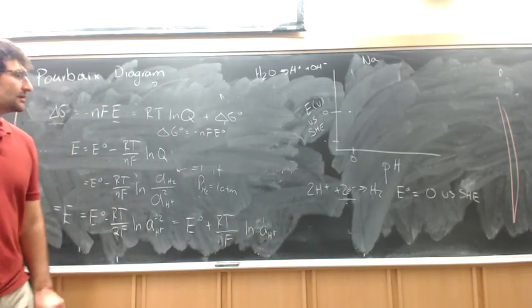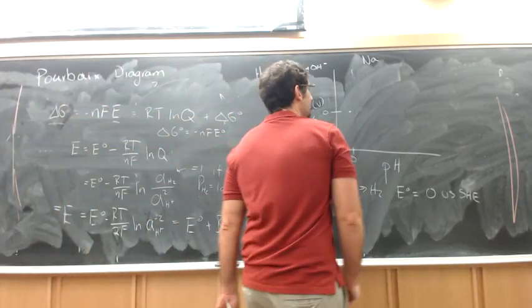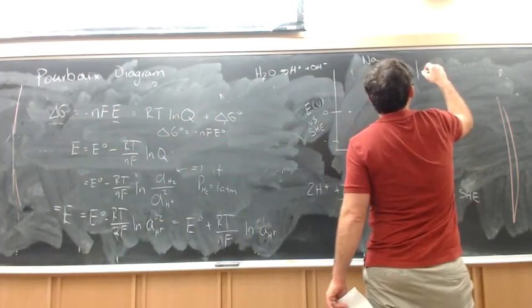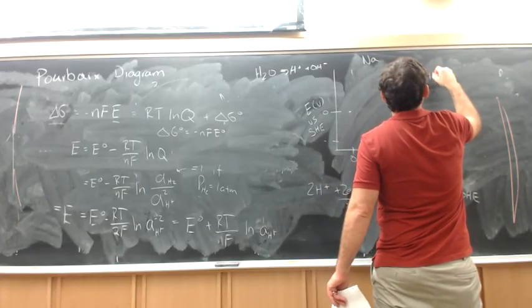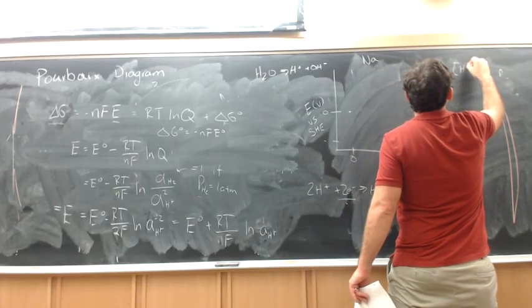I'll also check that on our intuition. So we need to convert this into pH. a_H+ is basically the concentration of H plus.